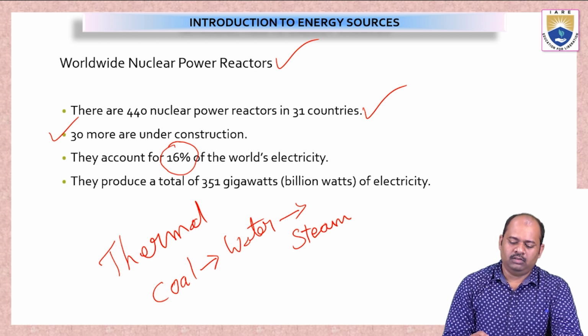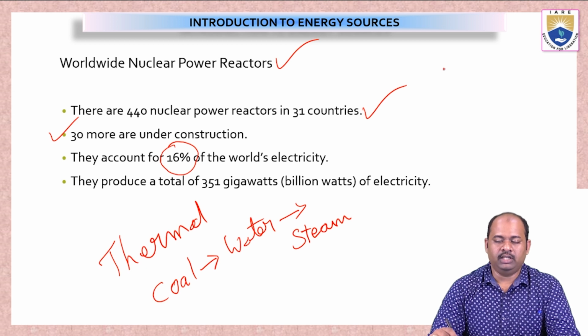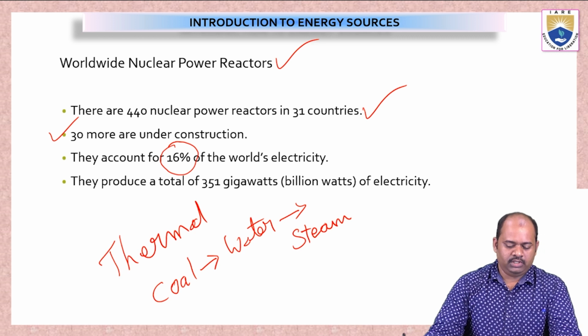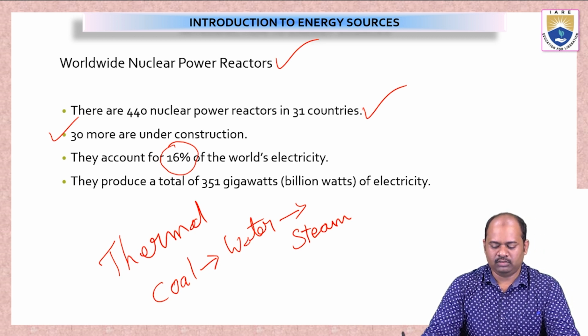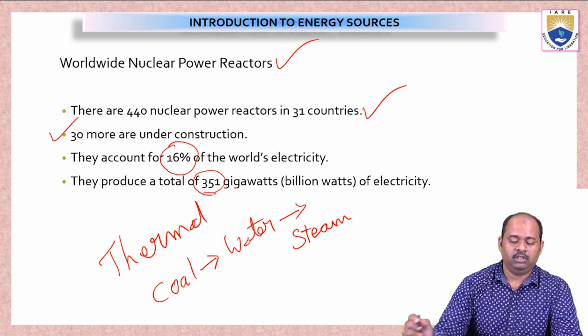Mostly, the main component of the world's electricity is generated from hydraulic or thermal power plants. Now, the nuclear power plants are increasing day by day, where we will get around 16% of the electricity, and they produce a total of 351 gigawatts of electricity. This is a very big number.